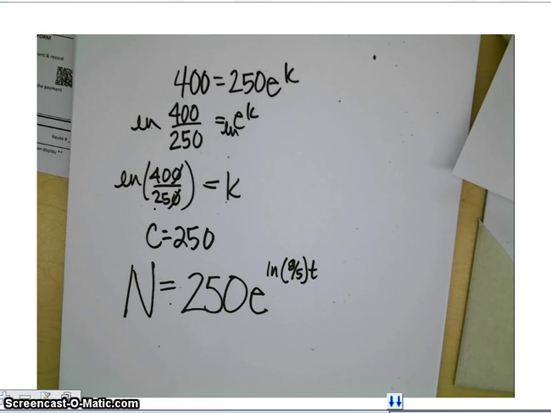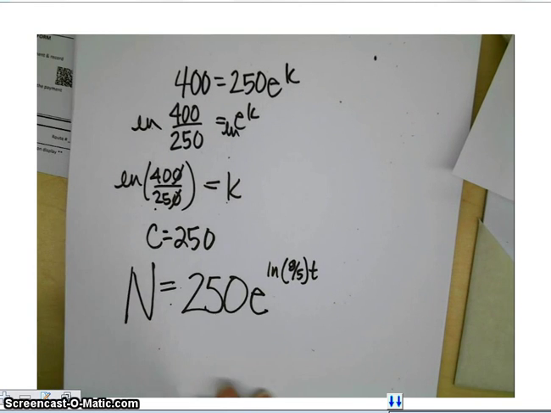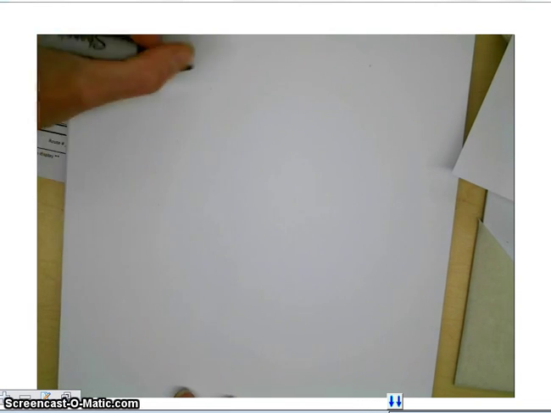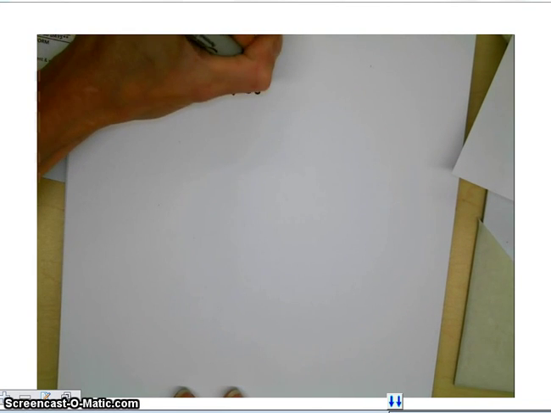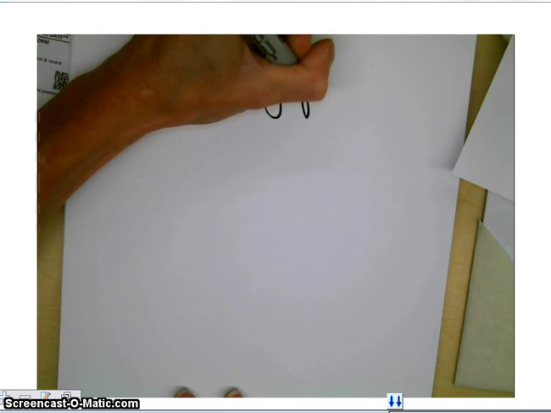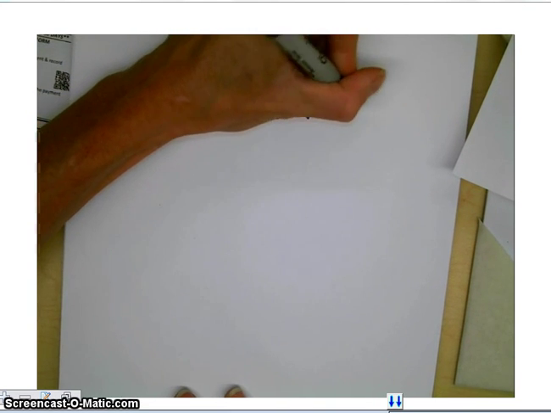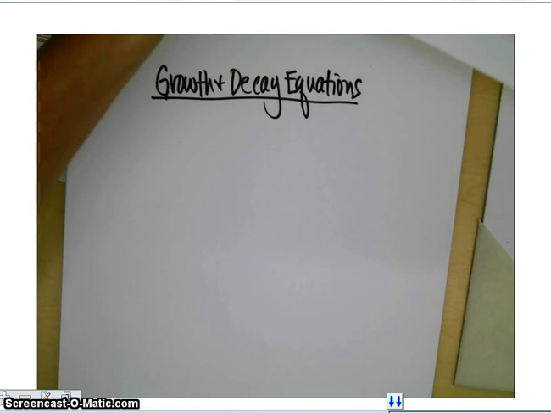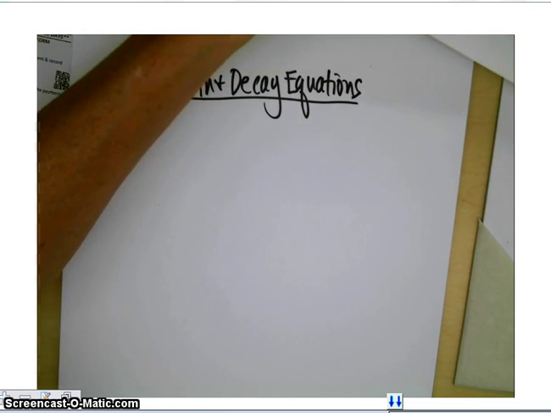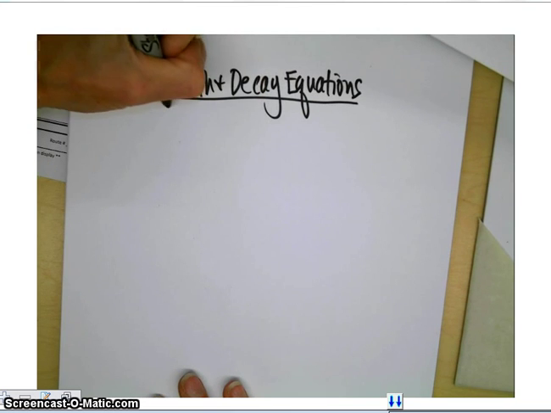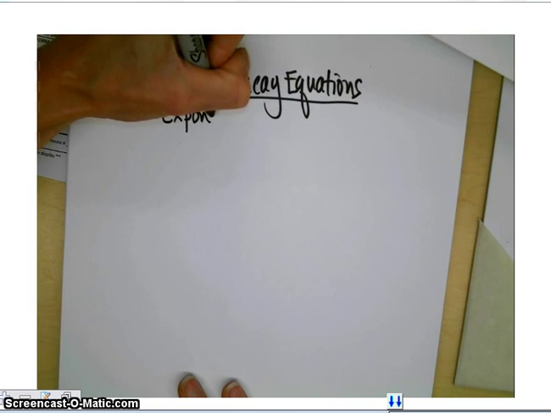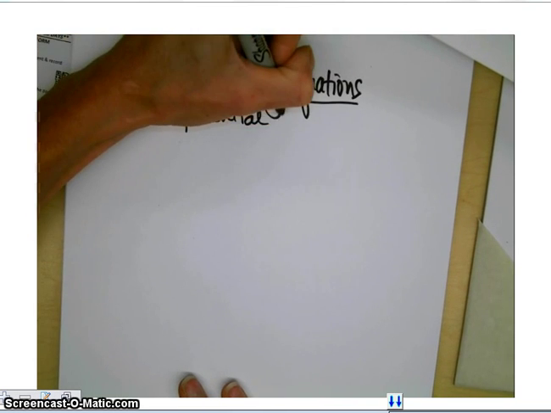All right, a couple of formulas you may need to know, and then we'll be done with notes, and you will have about 15 minutes to get started on a couple problems. These are some growth and decay equations. They're also referred to as exponential growth or decay.